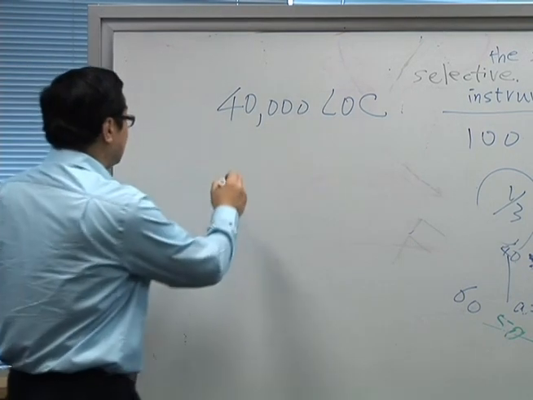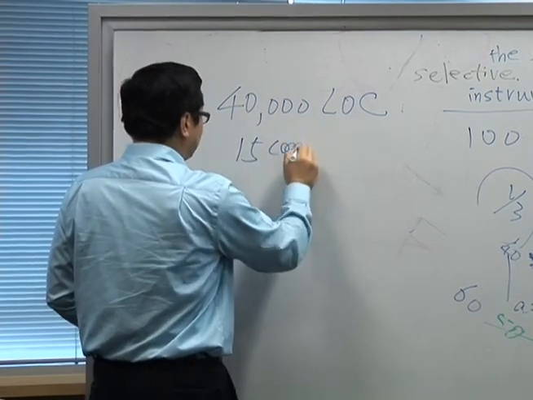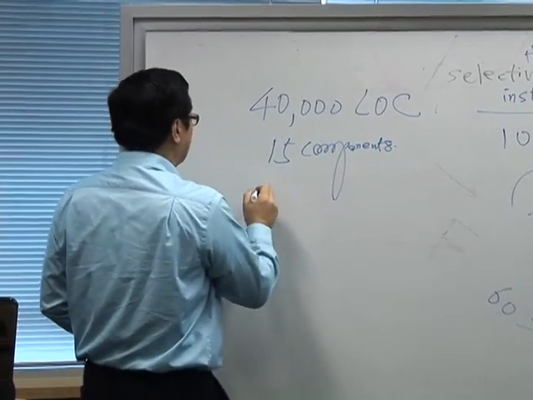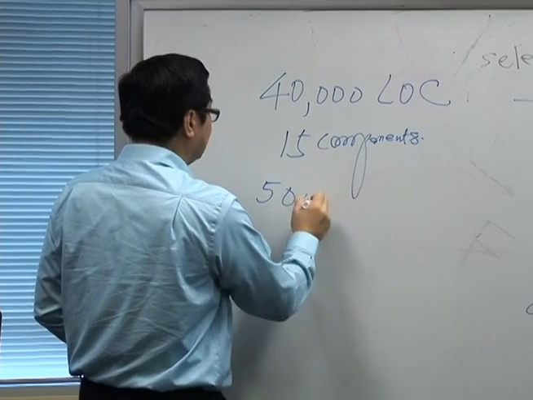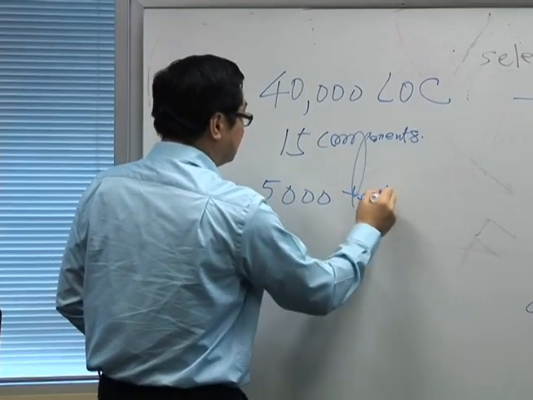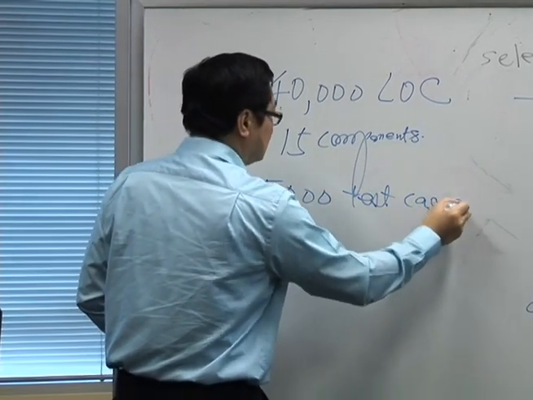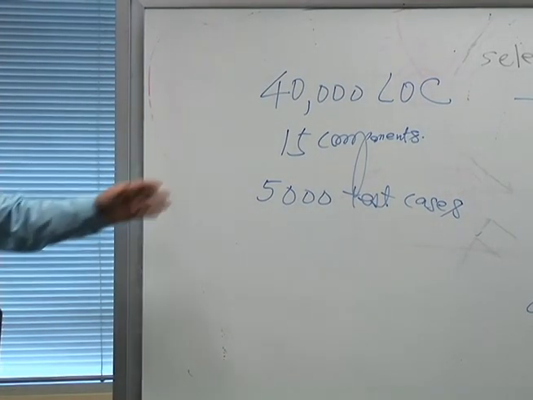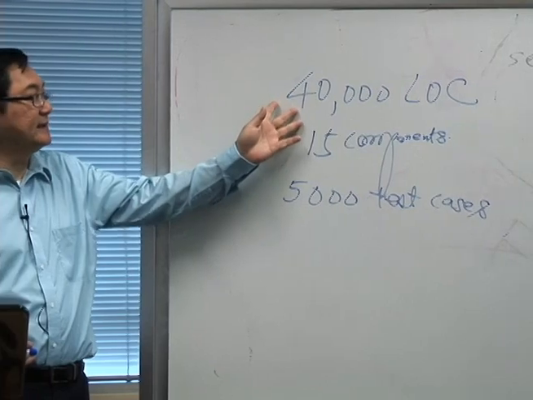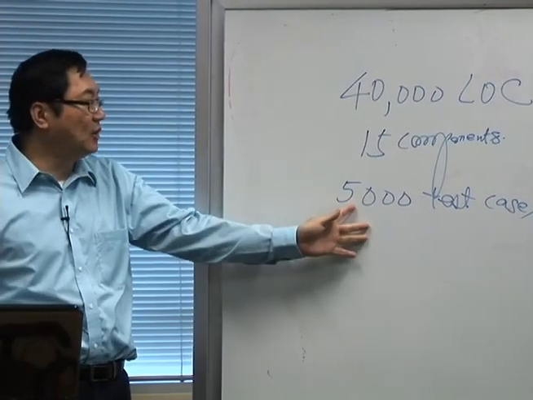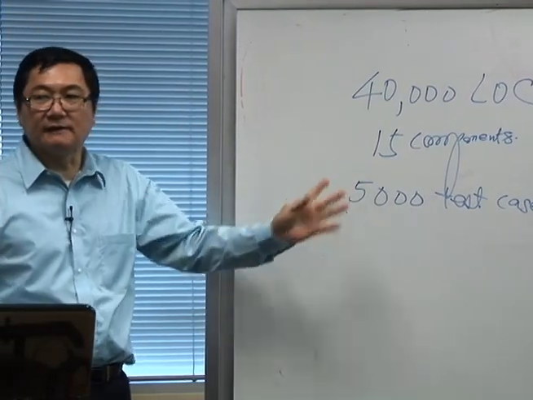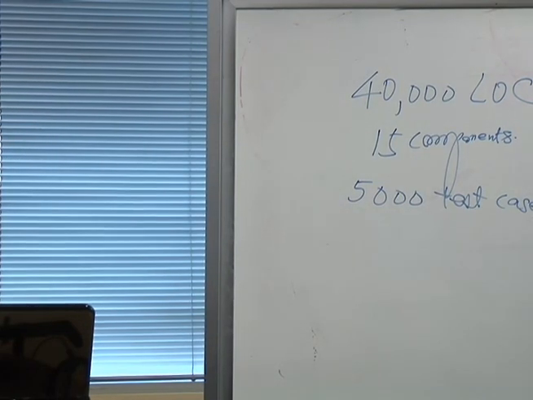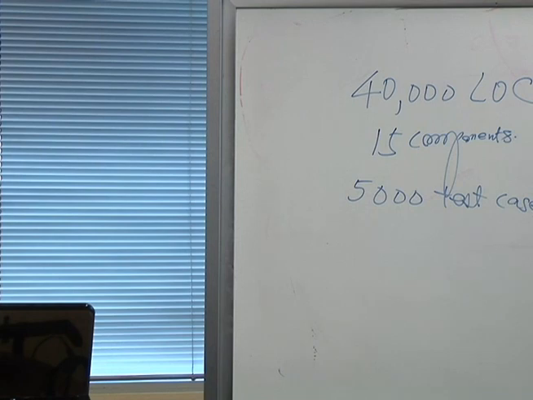Okay, so I have 15 components, just for example. And I have 5,000 test cases. I can do instrumentation with respect to the entire system. I can run over 5,000 test cases and give you a single number, the coverage. That is not so useful, right?